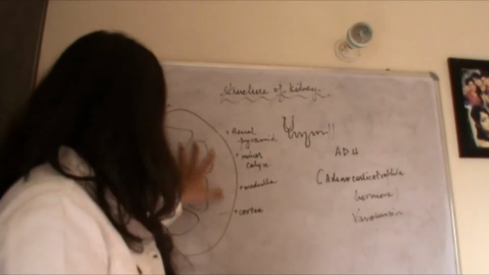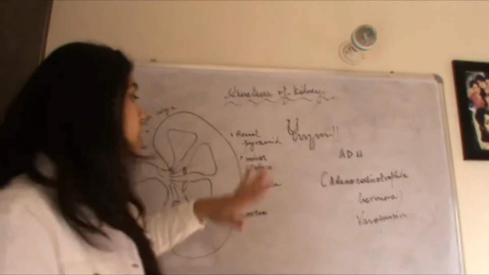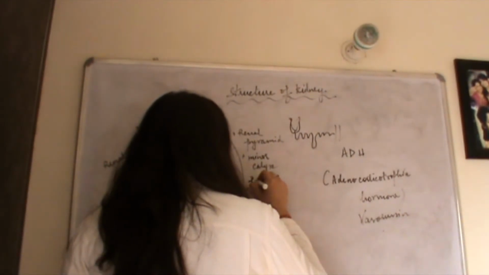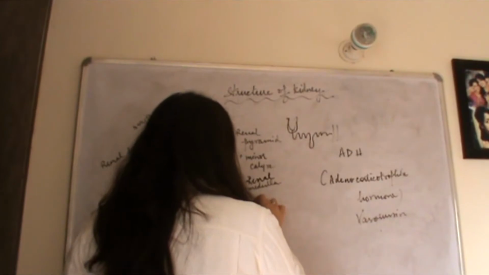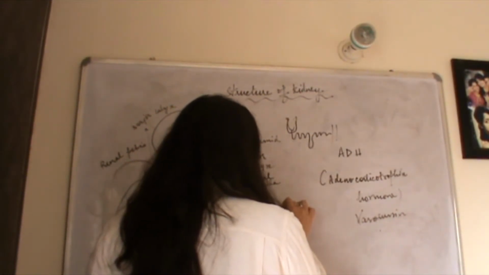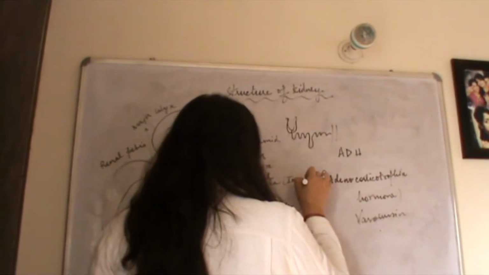There are many nephrons present, and the kidney is mainly divided into 2 parts: the renal cortex and the renal medulla. Renal medulla is the inner part and renal cortex is the outer part.